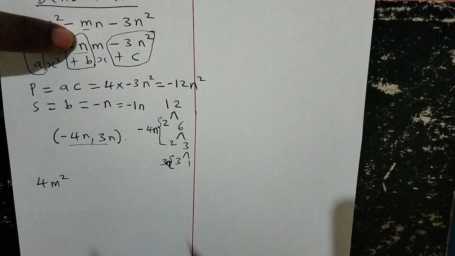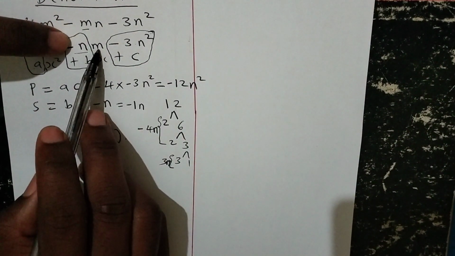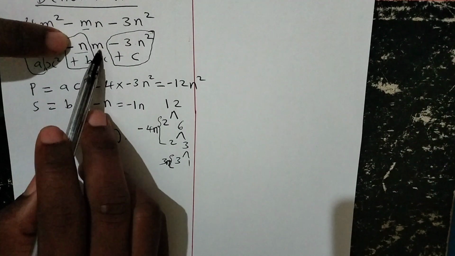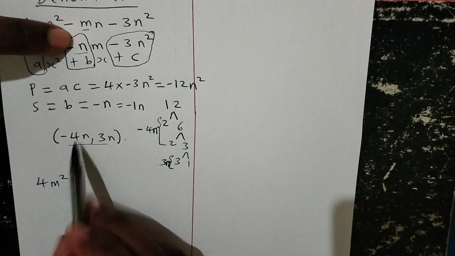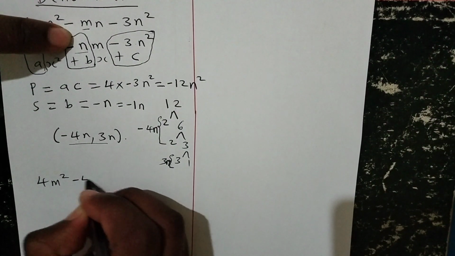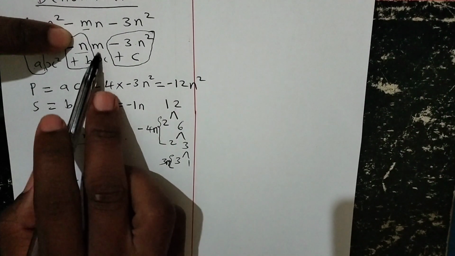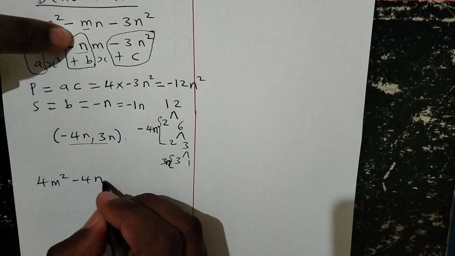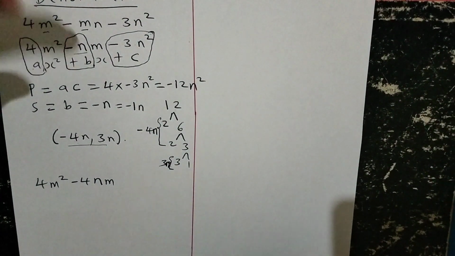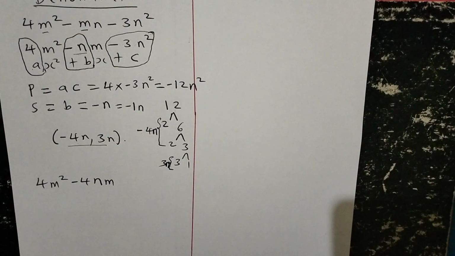So every term that I write, I'll have to multiply by the m, because the m has to multiply the value of b. So this will be, I'll take negative 4n, but the number that is multiplying with b was m. So I add an m here, just like for the other questions whereby you are adding the value of x.